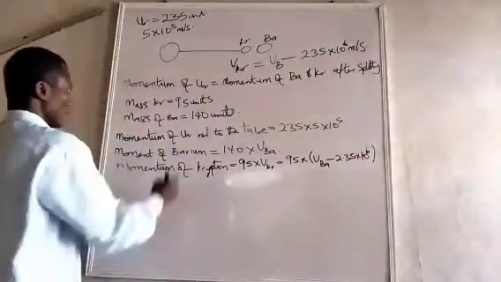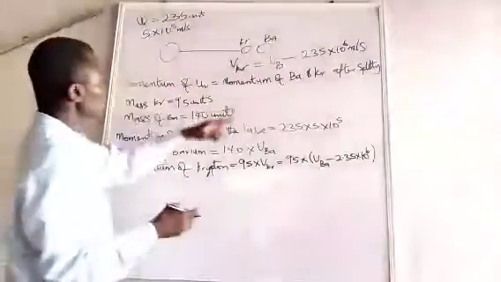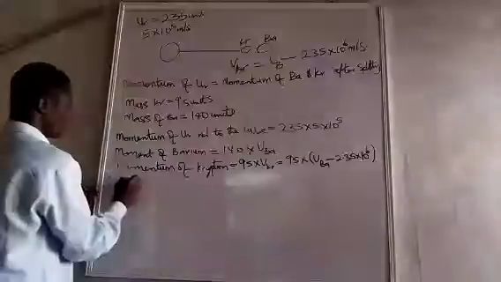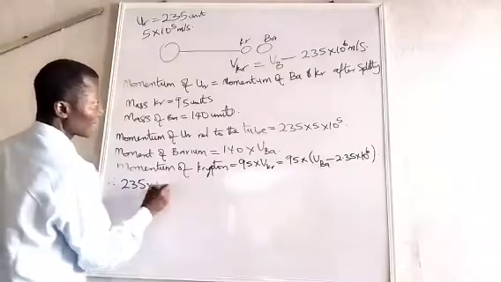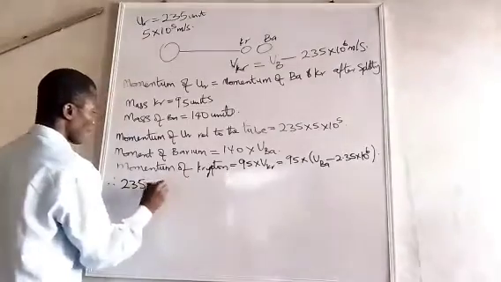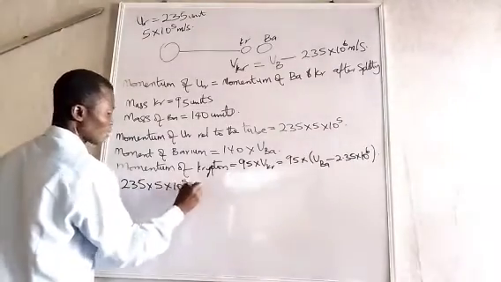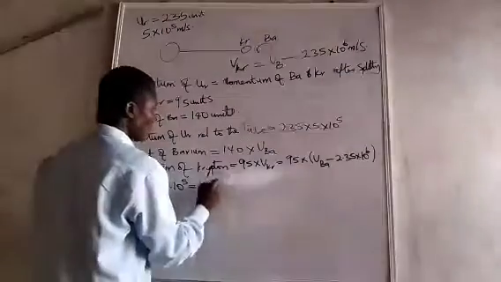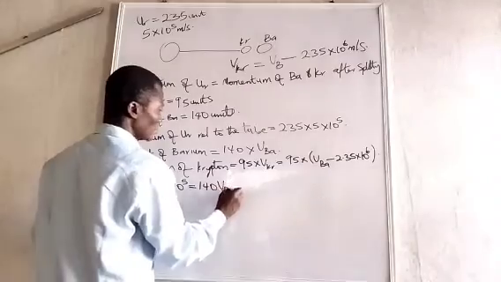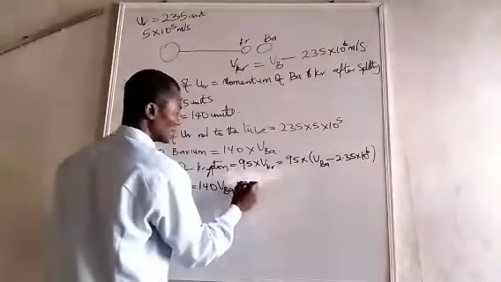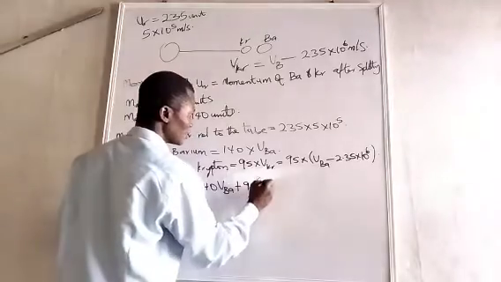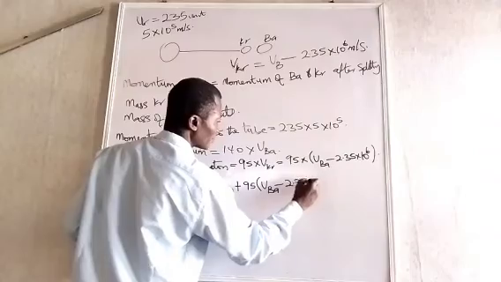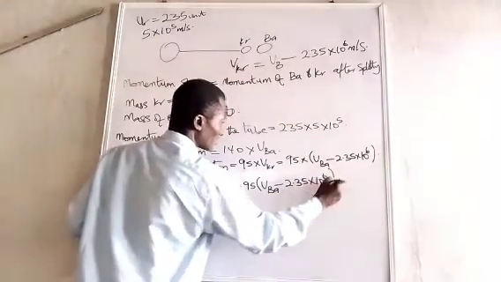Therefore, we can equate this to the sum of these. So 235 times 5 times 10 to the power 5 is equal to 140 VBa plus 95 times VBa minus 2.35 times 10 to the power 6.